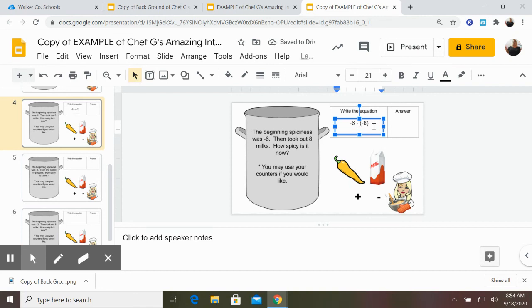I'm going to go back down and do negative 6 plus positive 8 equals. So now my signs are different because I had to change them because I had those mean girls change the signs.